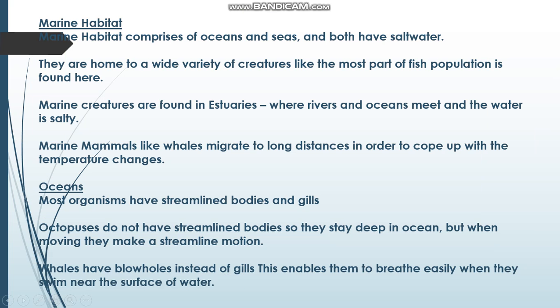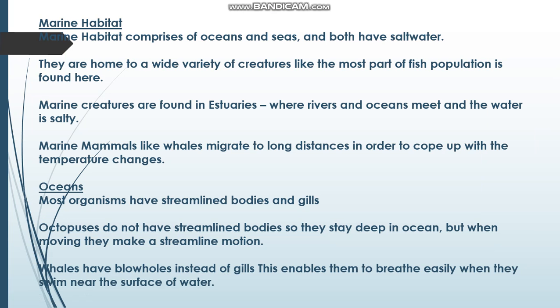Next we will see the aquatic or marine habitat. Marine habitat refers to the saltwater habitats in seas and oceans. Freshwater habitats refer to lakes, rivers, ponds and streams. Coastal habitats refer to the region where the sea meets the land.